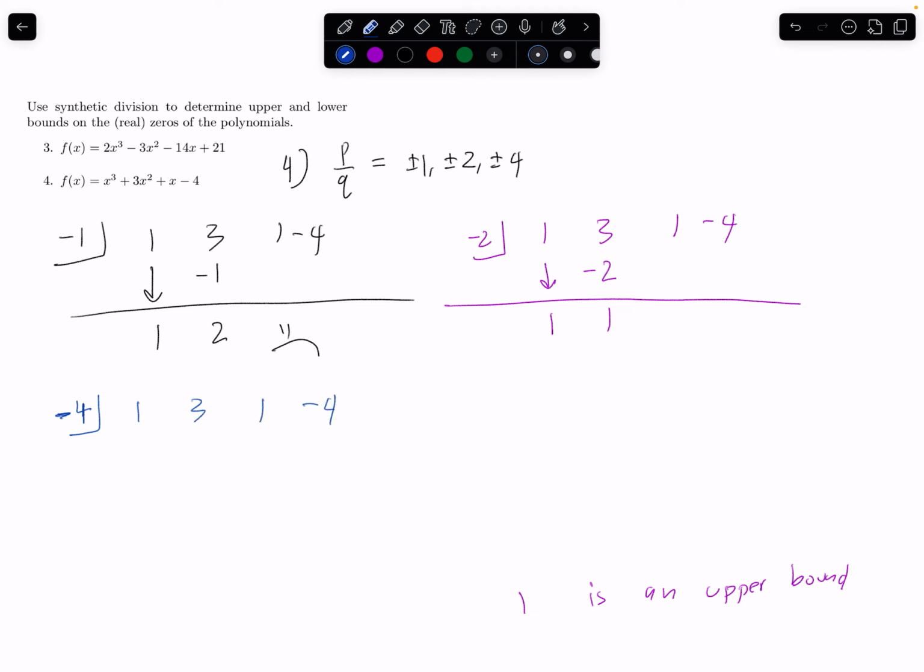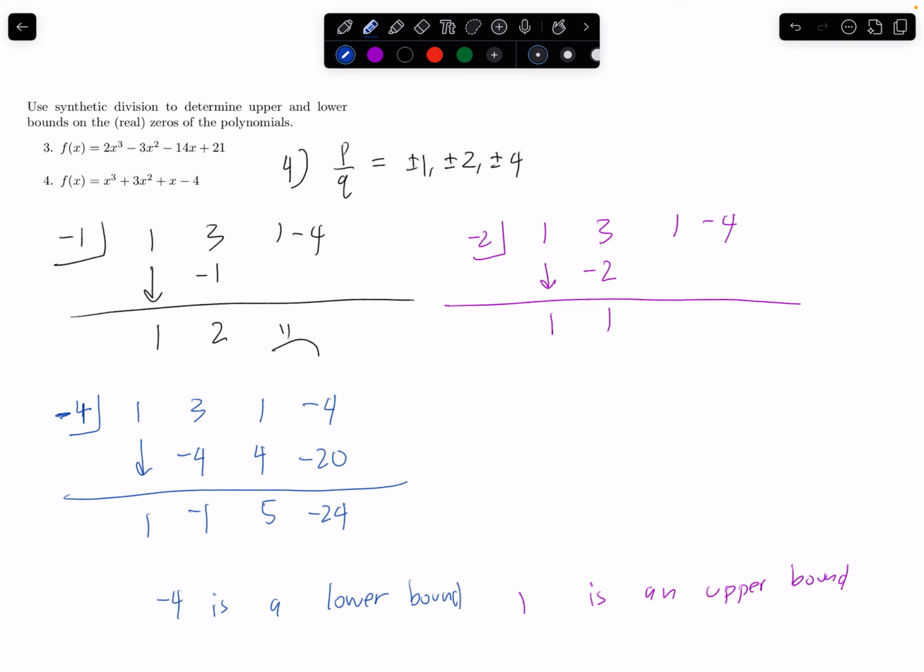Those are the coefficients. Bring the 1 down. 1 times negative 4 is negative 4, which is negative 1 when you add it. Negative 1 times negative 4 is positive 4. Add those together, you get 5. 5 times negative 4 is negative 20, which gives me negative 24. So now I am alternating signs, which means negative 4 is a lower bound.